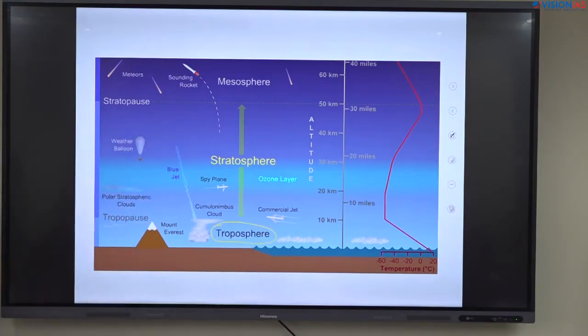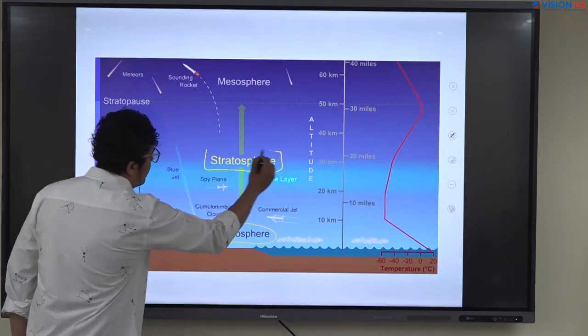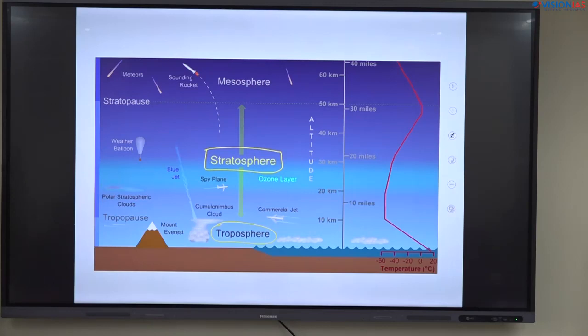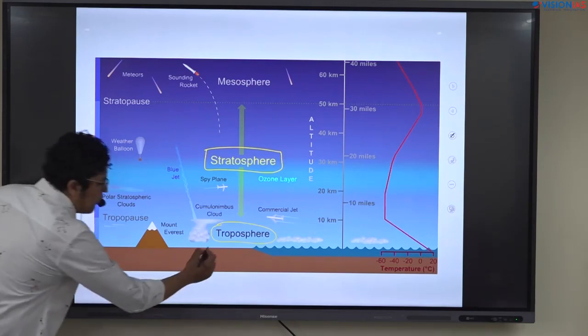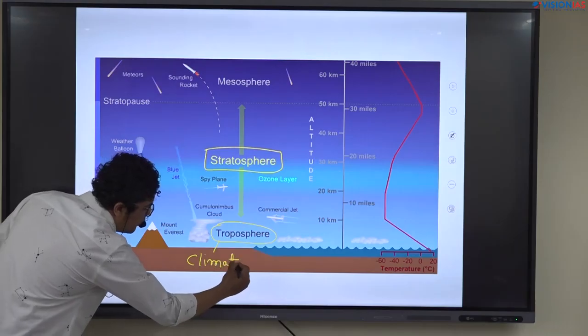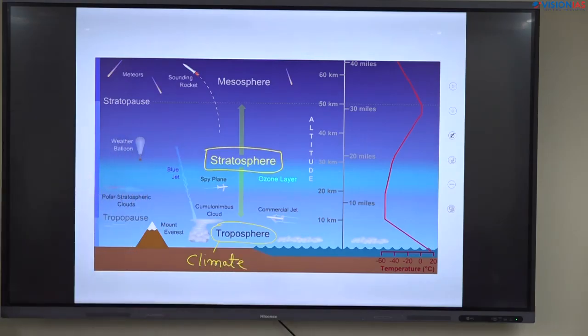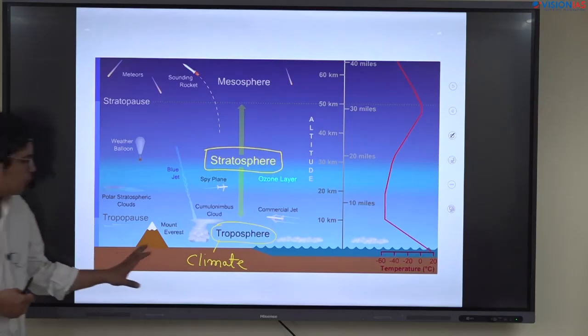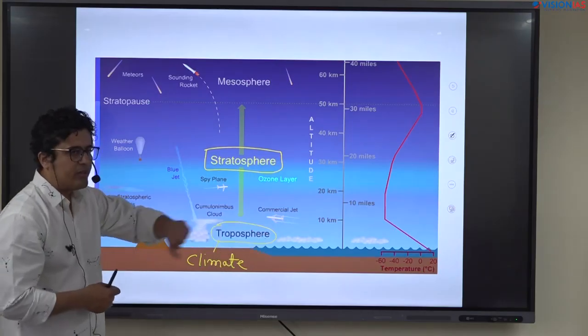Troposphere is the lowermost layer. Above troposphere, stratosphere. Most of the climate phenomena happens in troposphere. Rainfall happens in troposphere. Cyclone occurs in troposphere. Cloud formation also happens in troposphere. Most of your climatic process happens here.